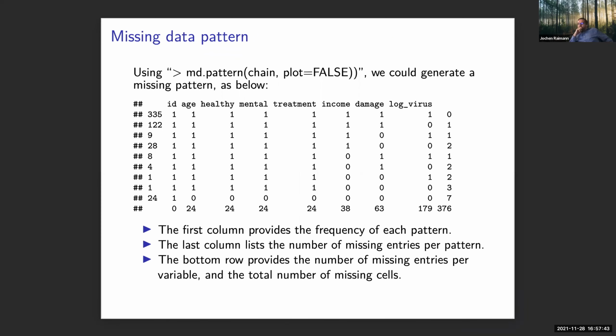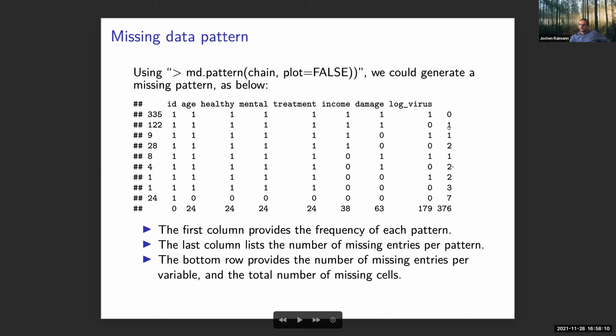So now, to quantify and inspect the pattern of missing data, you have a very elegant function from the mice package that will allow you to investigate the pattern within your data. So when you look here, let's look at the characterization.